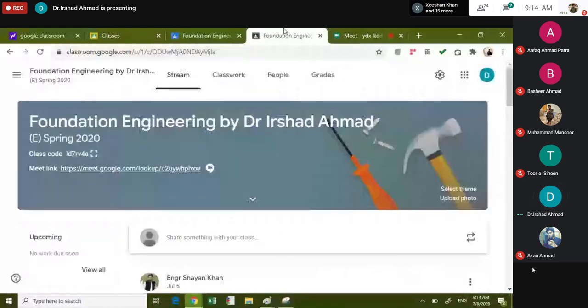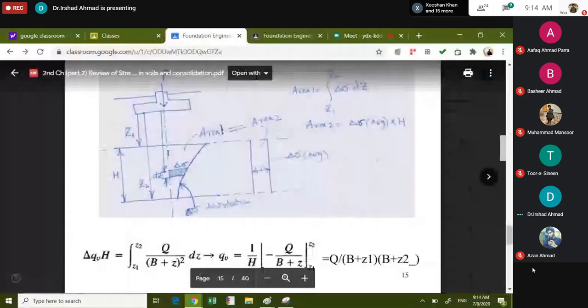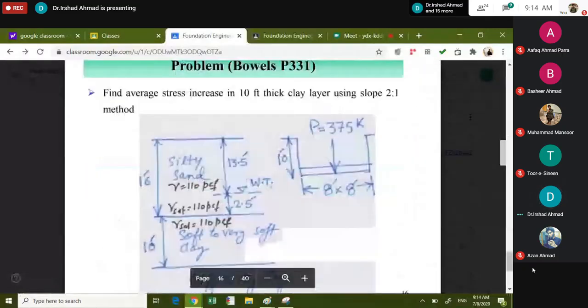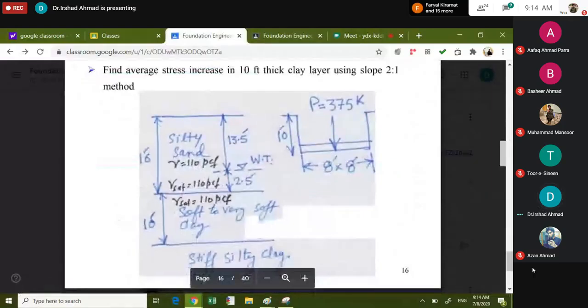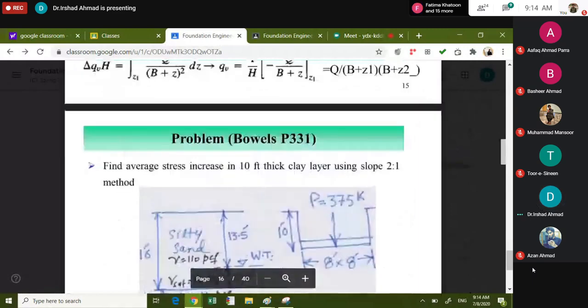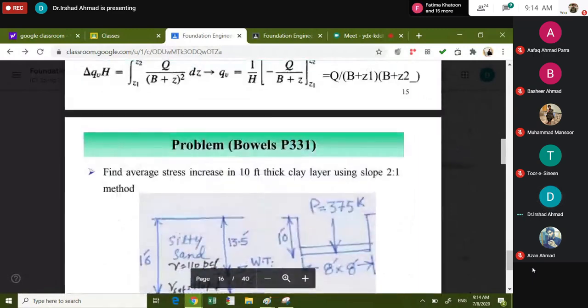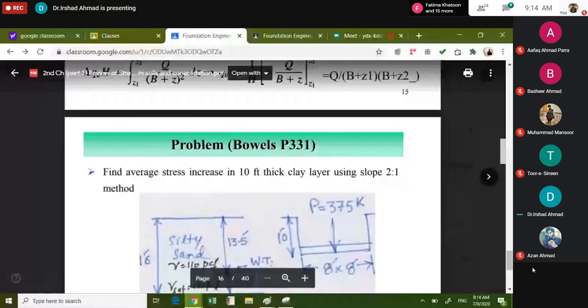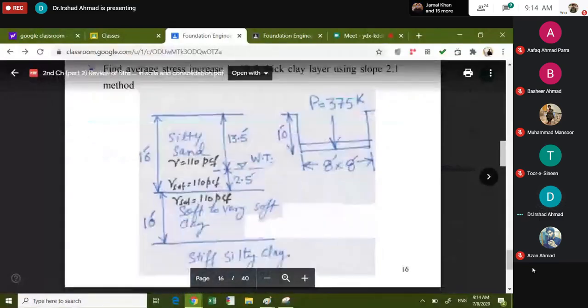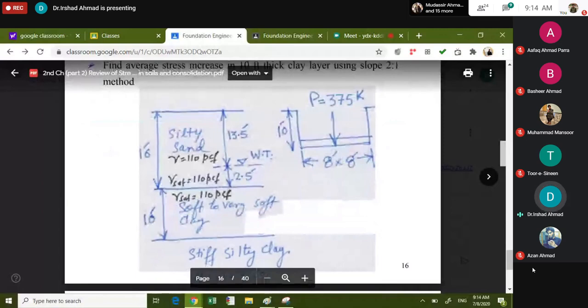Let's solve a problem. You use this equation. अच्छा, you find the stress increase in this 10 feet clay layer using slope 2 to 1 method.